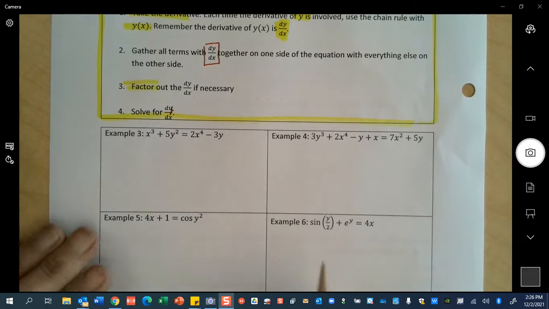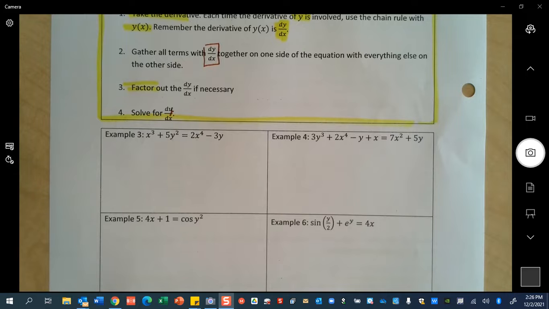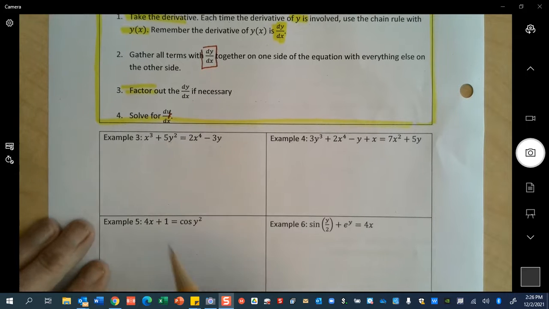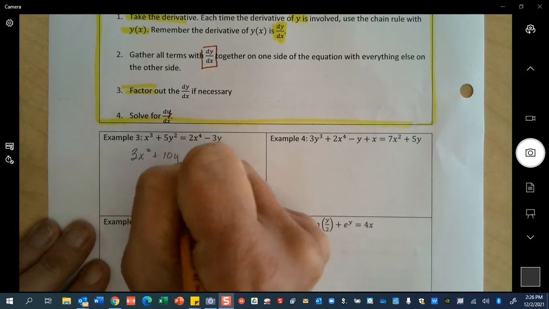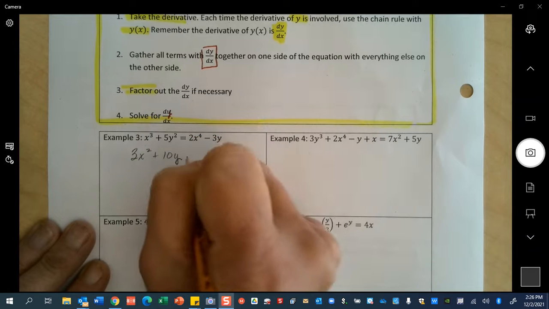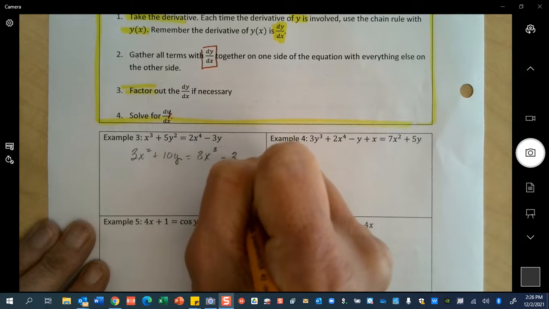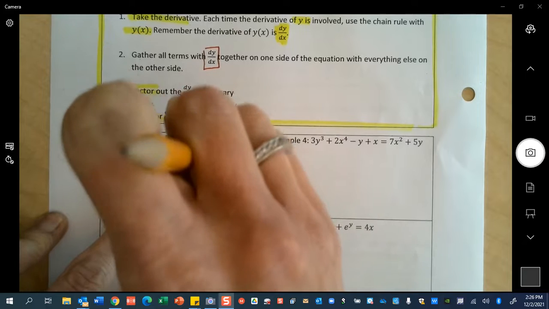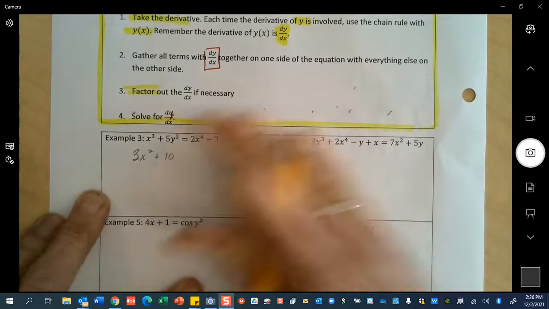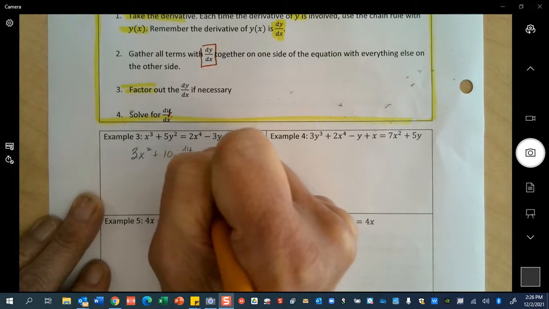All right, ready? Take the derivative of each term individually. So I have 3x squared plus 10y dy/dx equals 8x cubed minus 3. And every time you take the derivative of y, what do you have to remember? dy/dx.